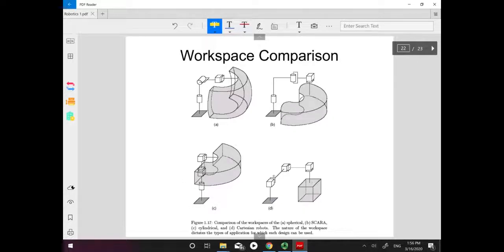And the last one is PPP. That is interesting because there's no rotation. So finally, the workspace it can achieve is a cube, and we can accurately control the motion. But comparing to those three examples, we can see that the workspace is much smaller.